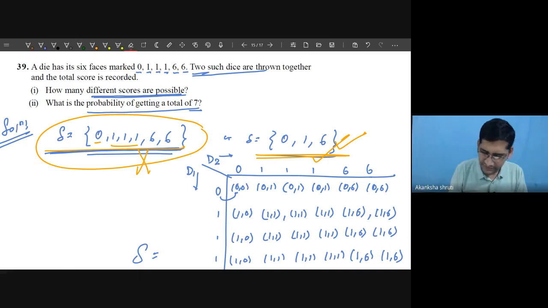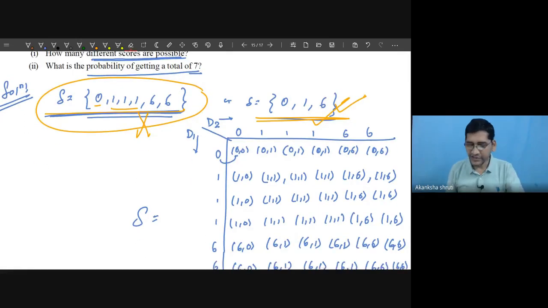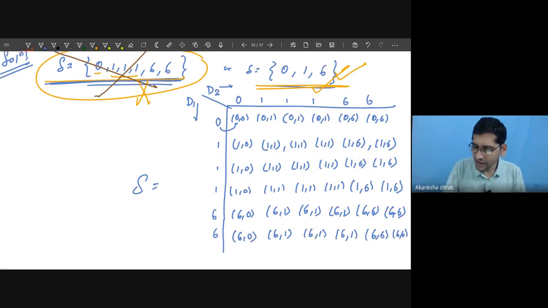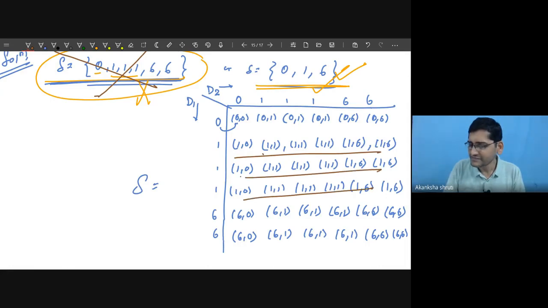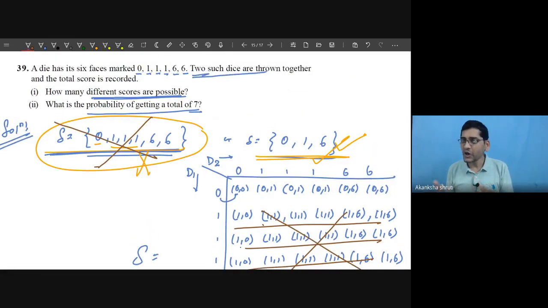Now let us understand the second one. So if for the single die we have observed that this is wrong, then it's obvious all these same numbers like this one, or even these two, all these are wrong. So be careful. If it is distinct or repeated, you shall take accordingly.